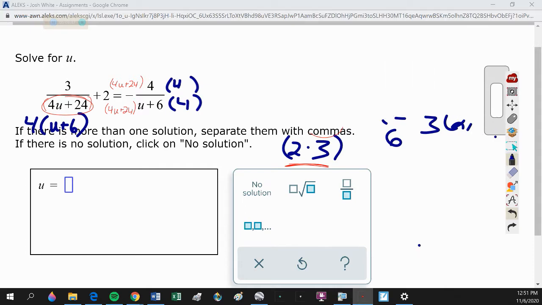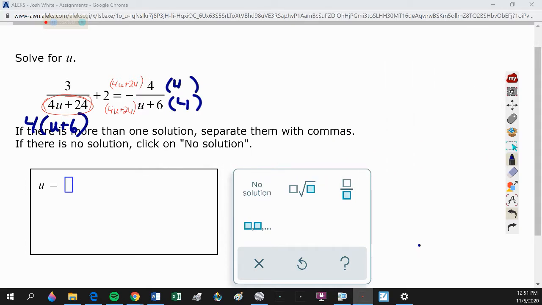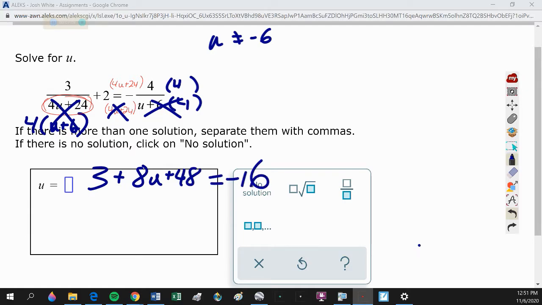Okay. I do that. And then what can u not equal? -6. So the numerator is, and I can get rid of all the denominators now that they're all equal. So 3 plus 8u plus 48 equals -16.